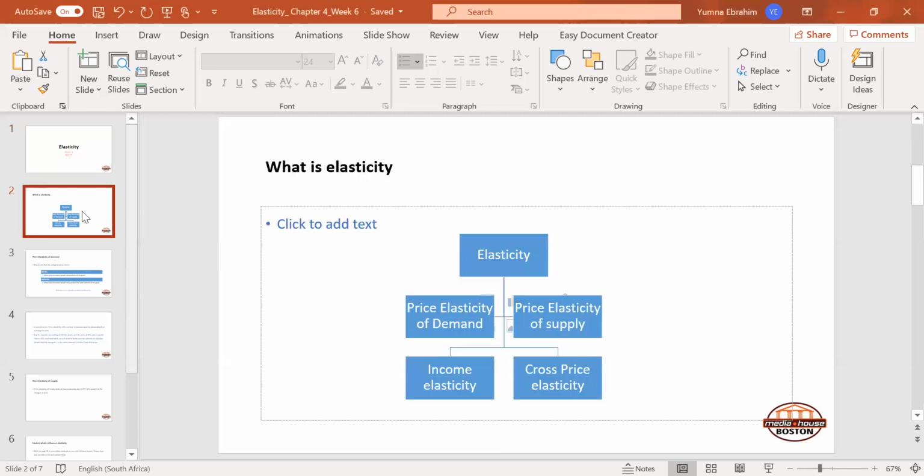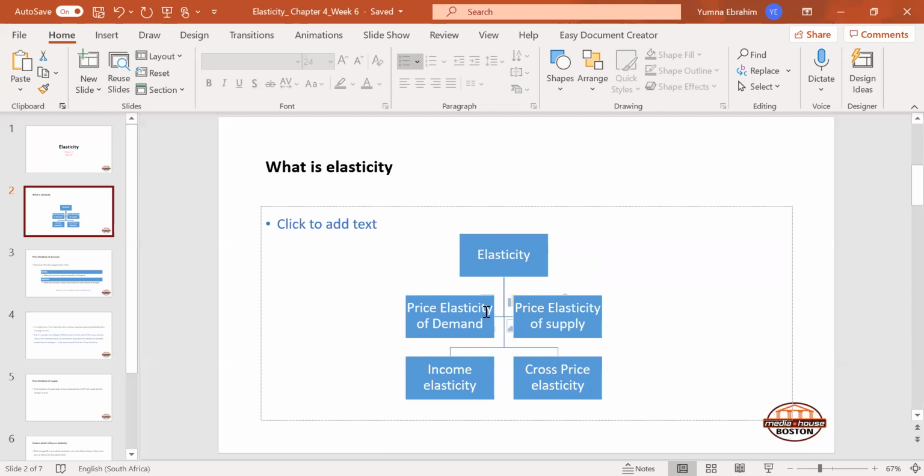Here I've constructed a little overview of the different types of elasticity. In this particular recording, we're focusing on the price elasticity of demand and the price elasticity of supply. In the next recording, we move on to income elasticity, and we'll discuss a little bit about cross-price elasticity.